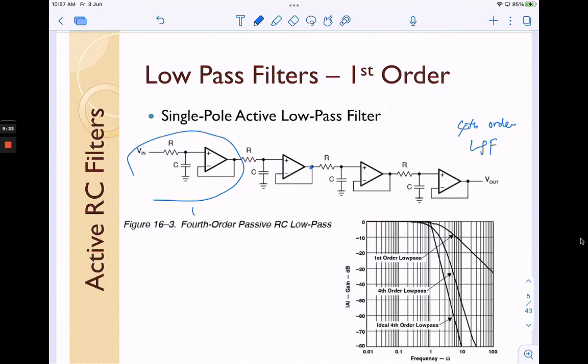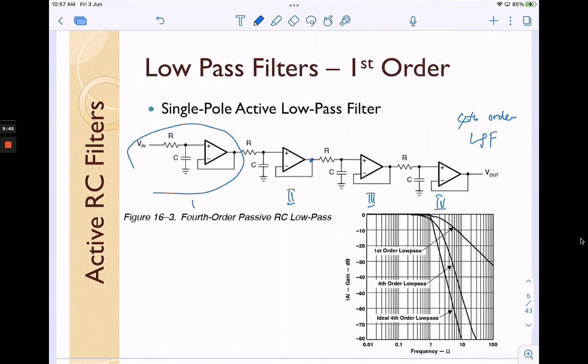So this is the first stage, this is the second stage, this is the third stage, and this is the fourth stage of the low pass filter. You know that I have mentioned in the video, the order of the filter will make the transition band from the pass band to the stop band much steeper.